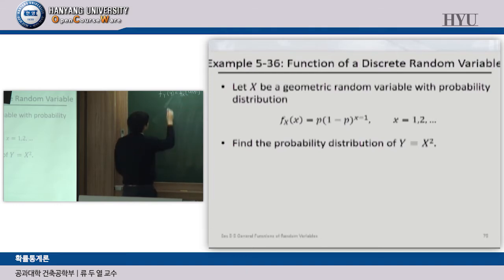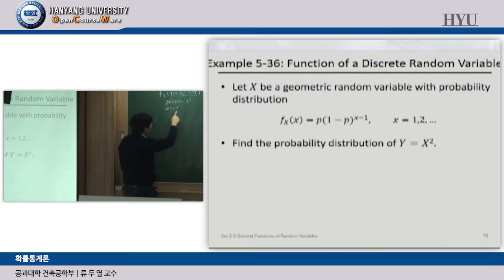And also, y is equal to h(x), and h(x) is equal to x squared. So, we need to calculate u(y) first. So, what is u(y)? The definition of u(y) is equal to x.